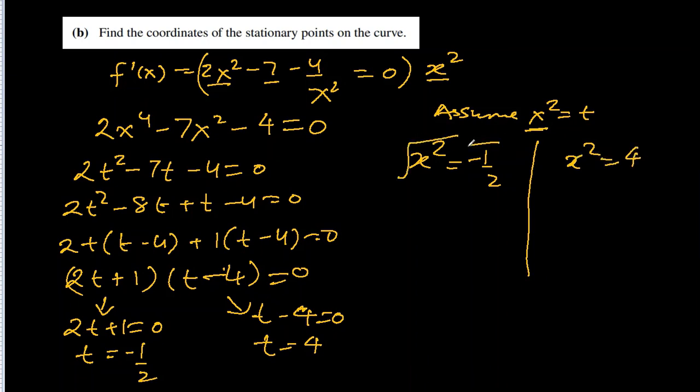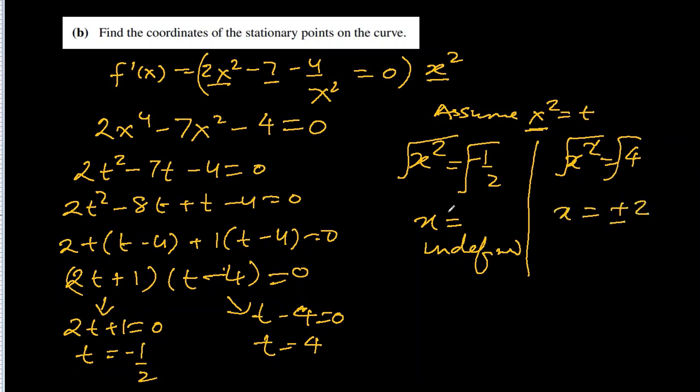Square root both sides to get x. The square root of a negative is not possible, so this one is undefined, and we will not accept this answer. However, for this one, x will be plus and minus 2.